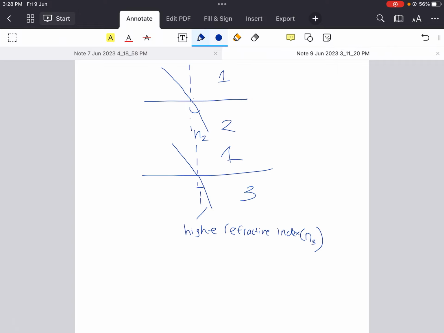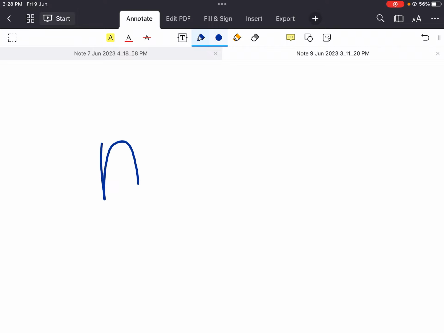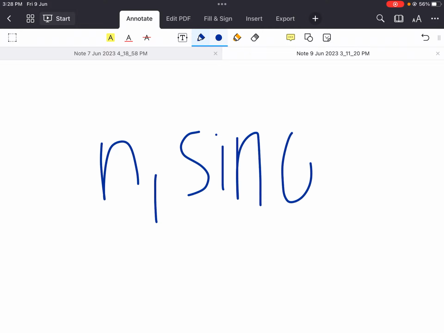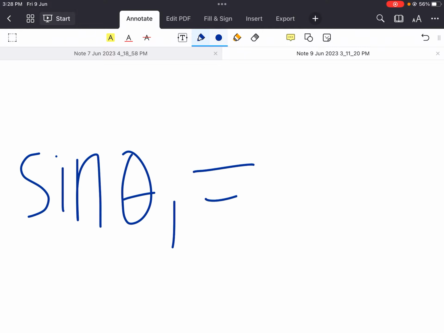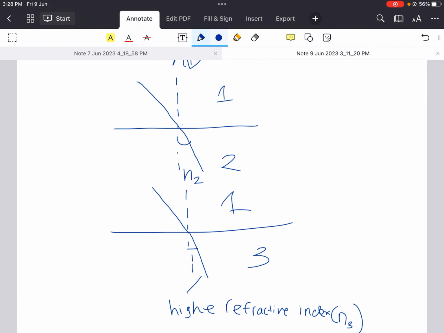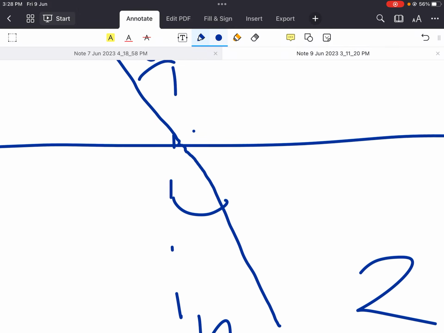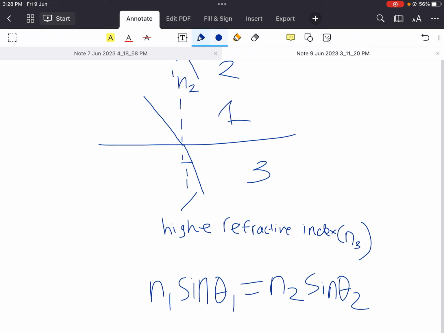So the equation for calculating refractive index is essentially N1 times sine theta 1 is equal to N2 times sine theta 2. So in the first scenario, you have an angle of incidence and angle of refraction.